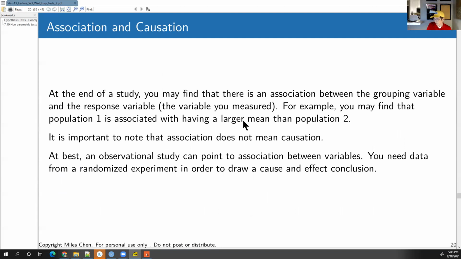So this is an important mantra that we always bring up in statistics courses: you might find an association between variables at the end of your study.